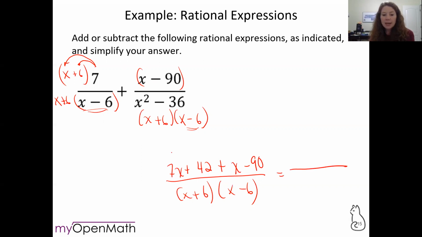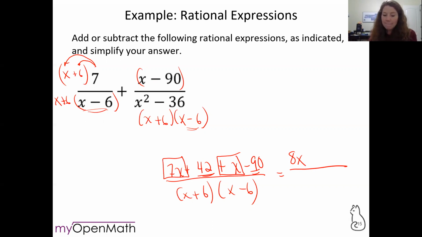So now we can combine like terms. We have 7x plus 1x, and we have 42 minus 90. So 7x plus 1x is 8x. And then what is 42 minus 90?